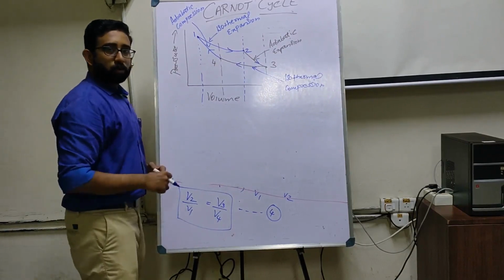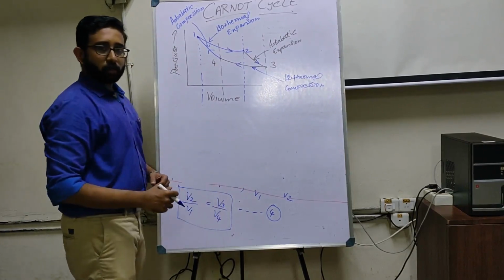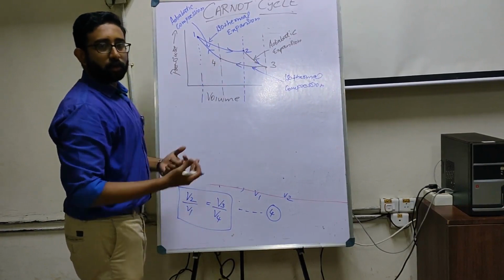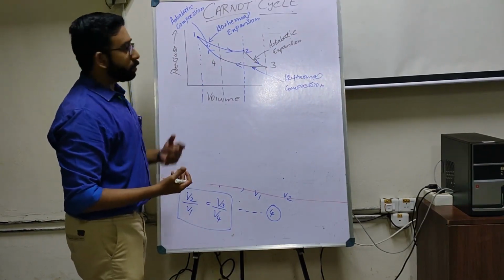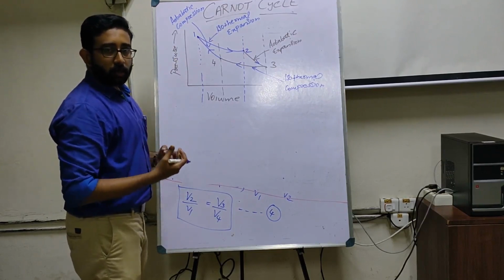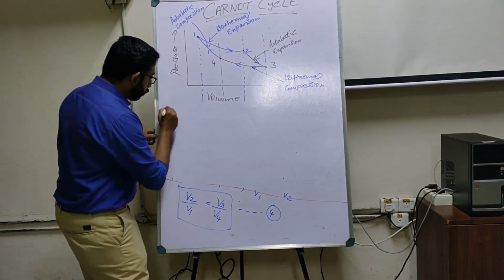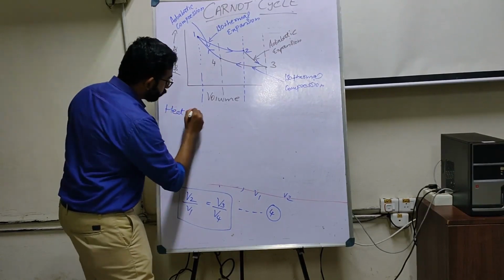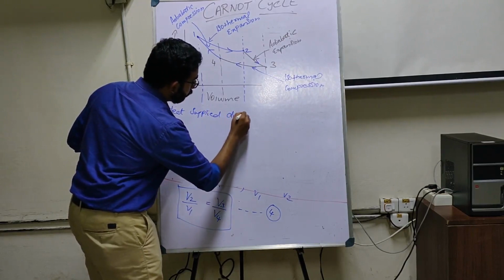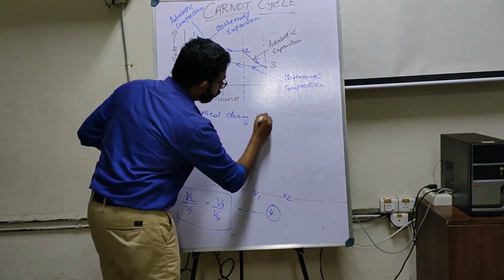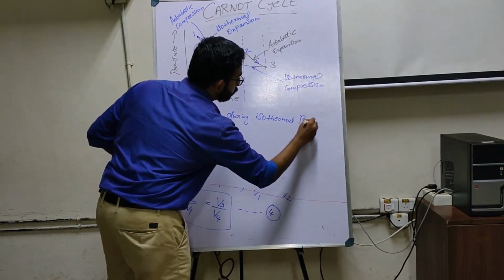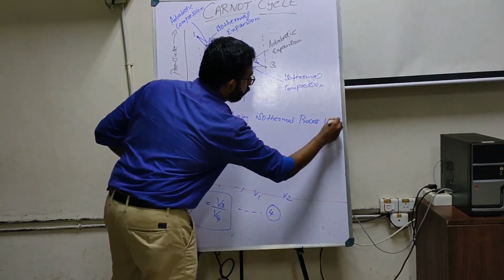Okay, now we made this equation by considering the two adiabatic processes. Now we are going to compare the two isothermal processes. That is, 1 to 2 is the isothermal heat supply process. So heat supplied during isothermal process 1 to 2.